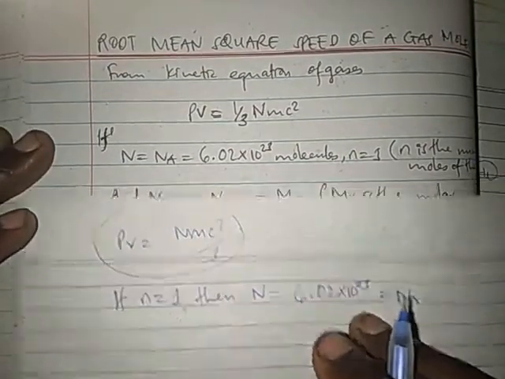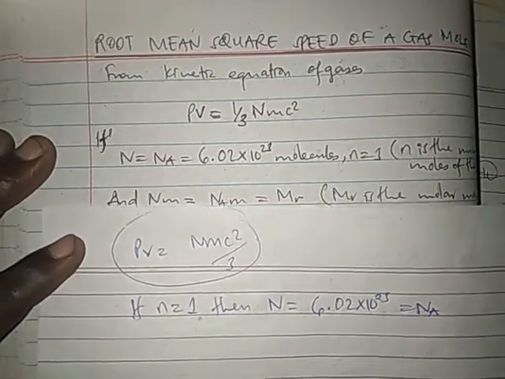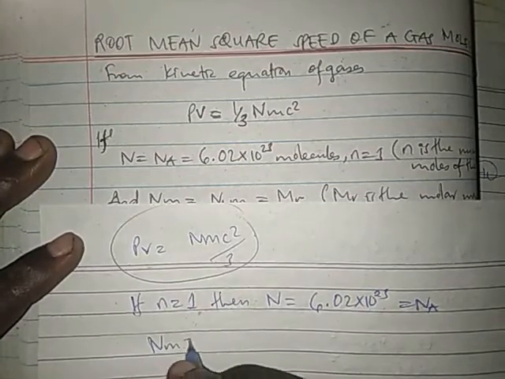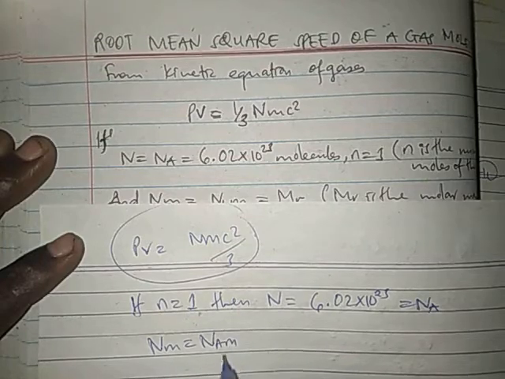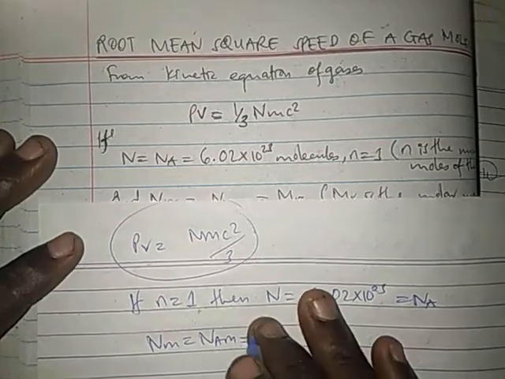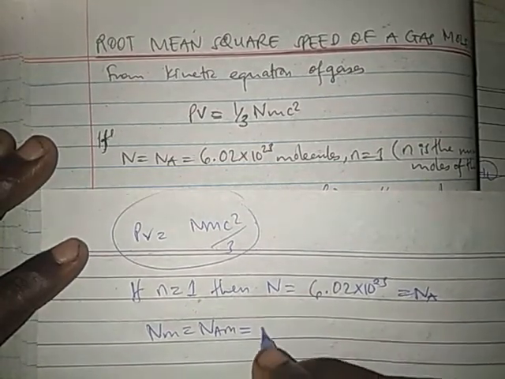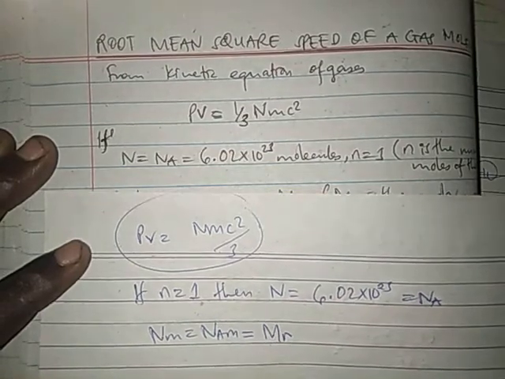The number of moles is how many? 1. So nm is equal to Na times m, where m is the mass of one molecule of the gas.